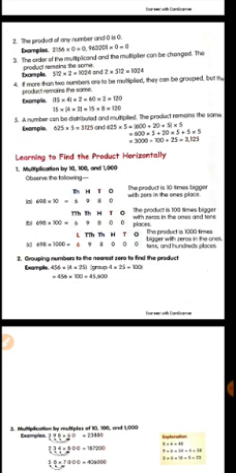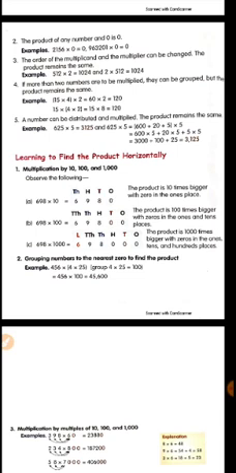So 600 into 5 plus 20 into 5 plus 5 into 5. So 600 into 5 becomes 3000, 20 into 5 becomes 100, and 5 into 5 becomes 25. When we sum all the numbers, we get 3125.